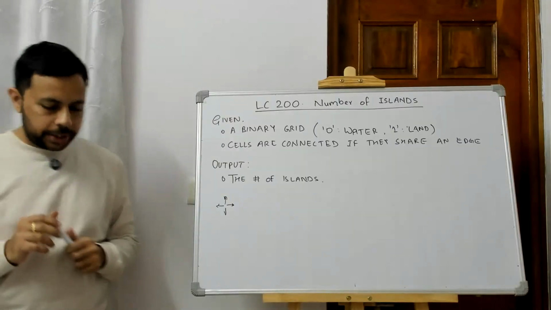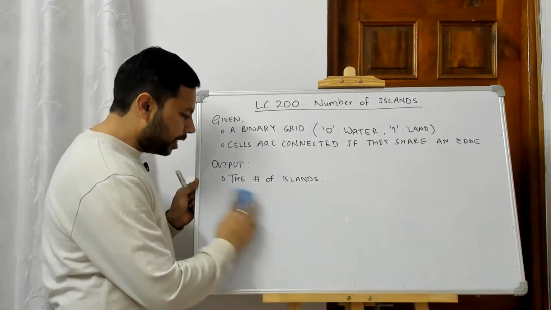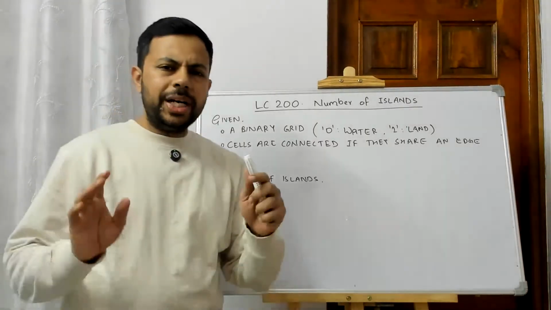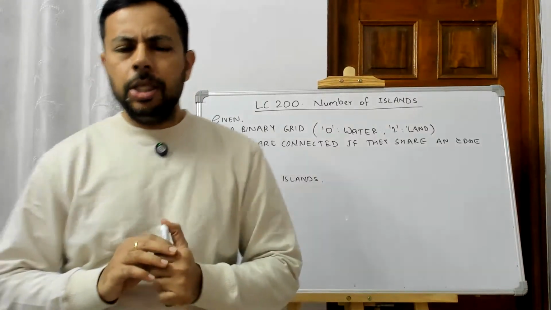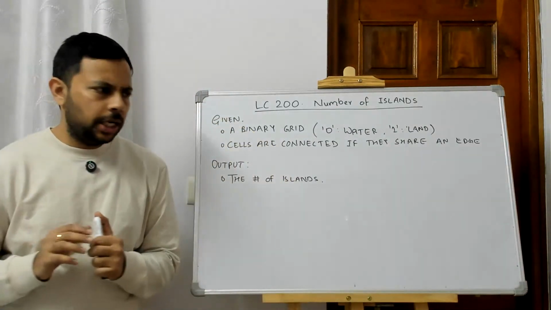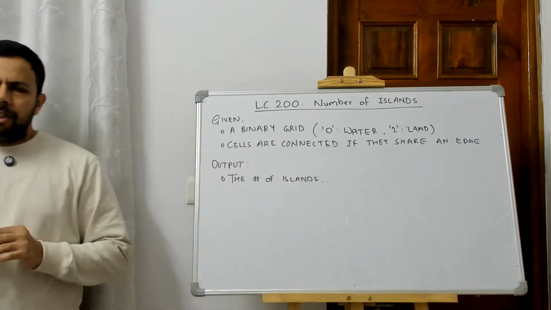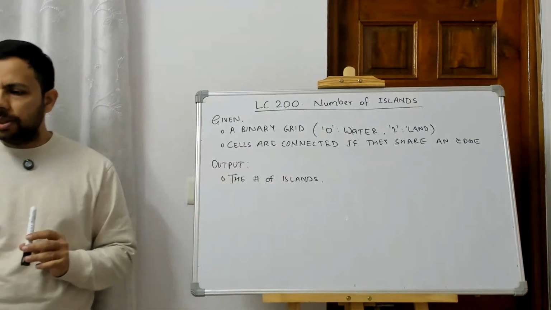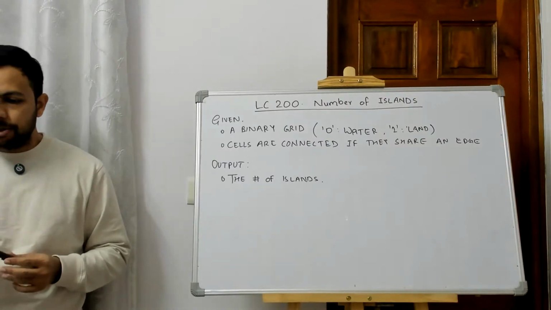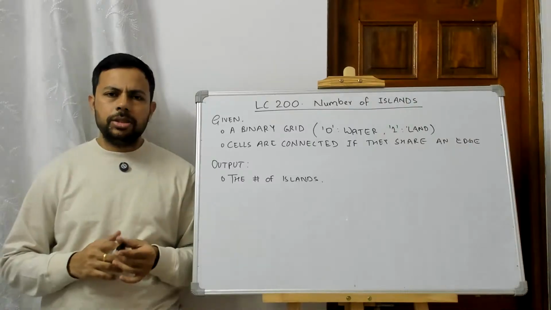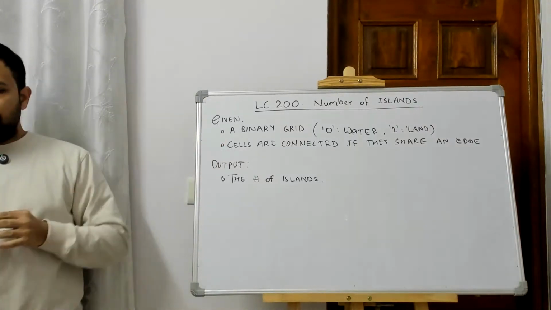The way to do it is to think of graphs. Don't think of the grid just as a grid. Try to think of the grid as a graph. And once you think of the grid as a graph, you're not bound to travel in left to right and top to bottom direction. You can travel in all sorts of interesting ways. And that's the key insight of this question.